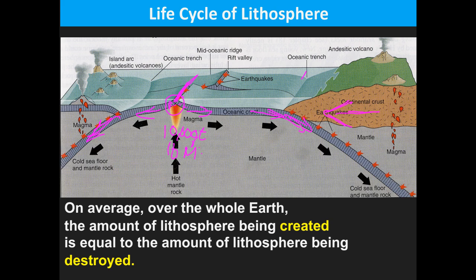And remember that the volume of the Earth is constant. So whatever you gain here in the oceanic crust and along divergent boundary should be lost in convergent boundary right here.